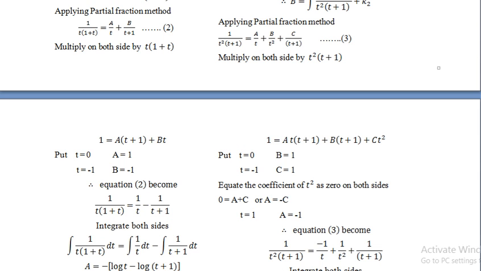So if you put t equal to 0, we obtain b is equal to 1. Next, t plus 1 equal to 0 or t is equal to minus 1. So if t equal to minus 1, the a value is 0, the b value is 0, and our c value becomes 1 here. So you get the b and c values.